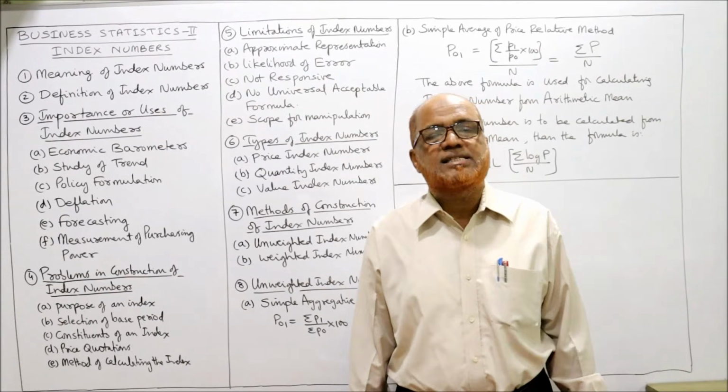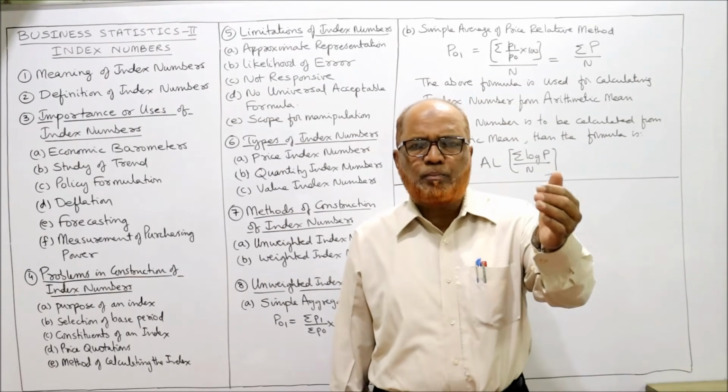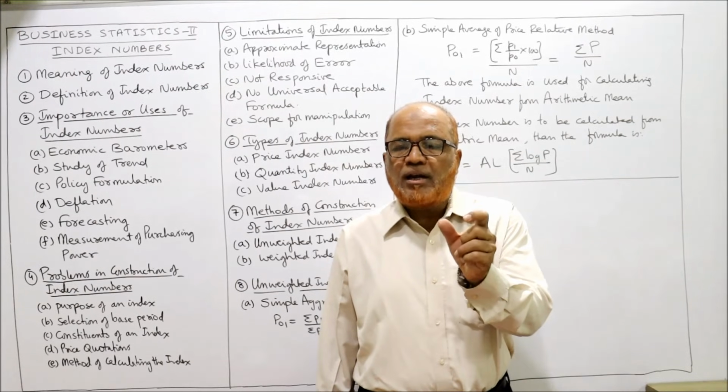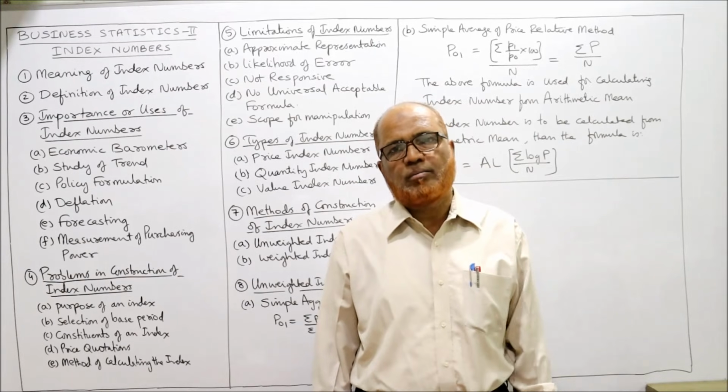For calculating the Sensex, only the 30 topmost companies will be selected. So it should be clear what constituents should be taken for calculating an index number.